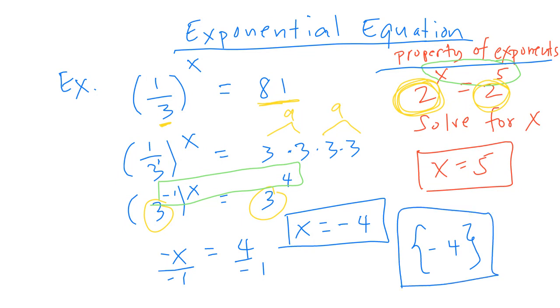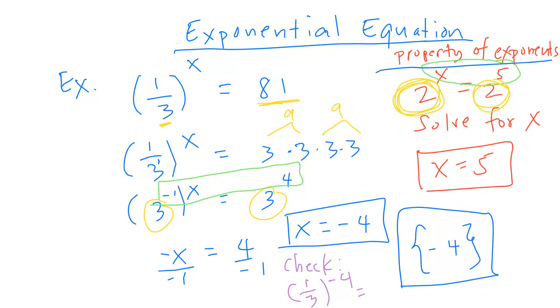So you can always check by plugging this in back to the original equation, and it should be actually 81. So you can use your calculator to check. You're just going to do the checking by plugging in. You're going to say 1/3 power of negative 4, and that should be 81.